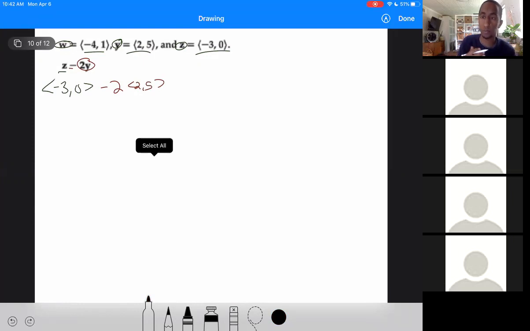Okay, so first we would be using the PEMDAS order of operations, so you'd have to multiply first. You would multiply the -2 times the 2, it's going to be -4. -2 times the 5 would be -10. And if you dealt with that negative by distributing it, then what goes right here now is not another negative, right? Because if you put a negative here, then when you distribute it, it's going to become +4.